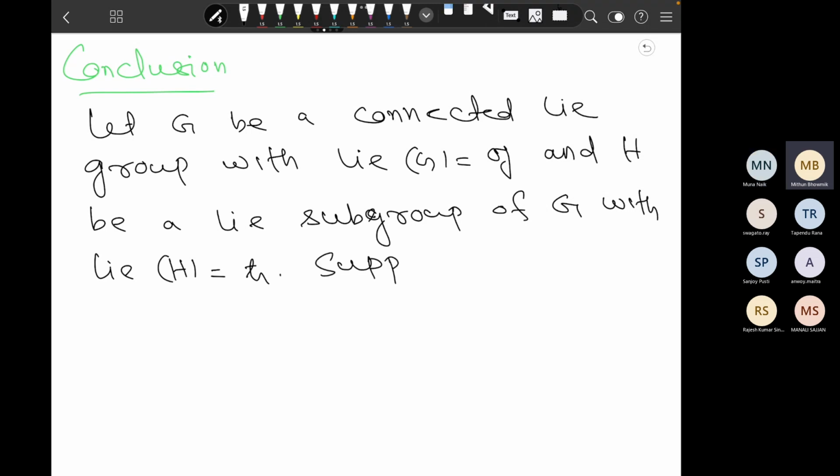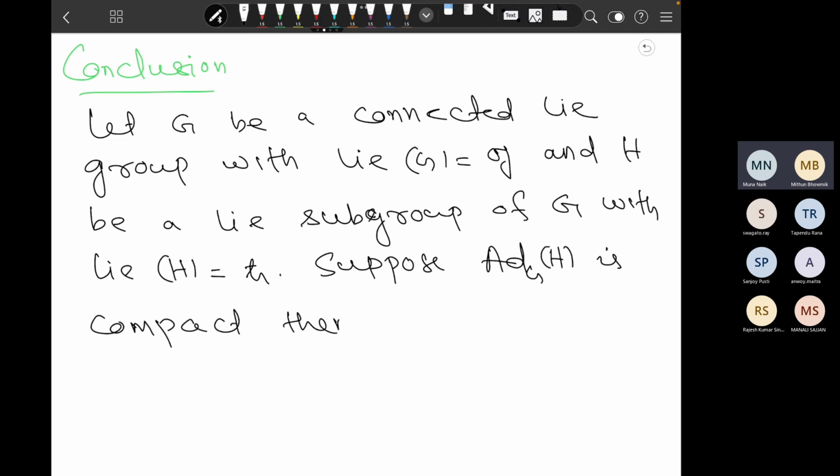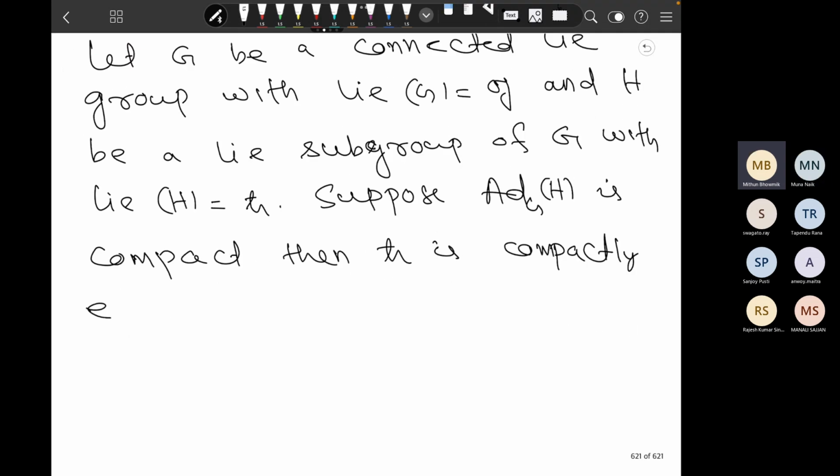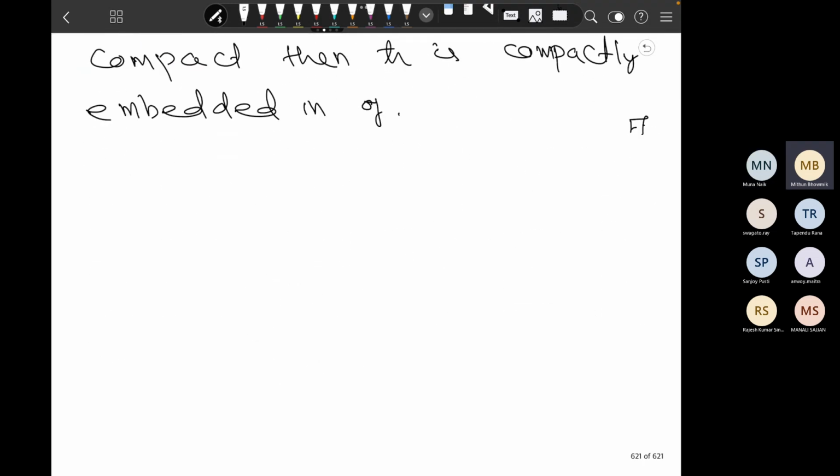Suppose this RGH is compact, then this h is compactly embedded in g. So this is the thing. Now I want to give some examples.